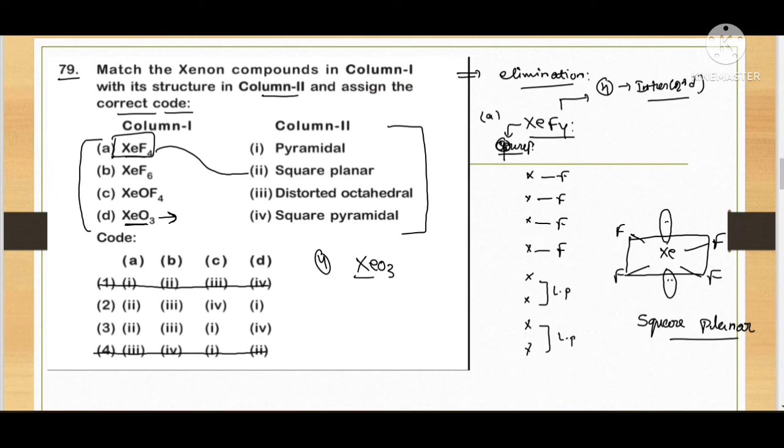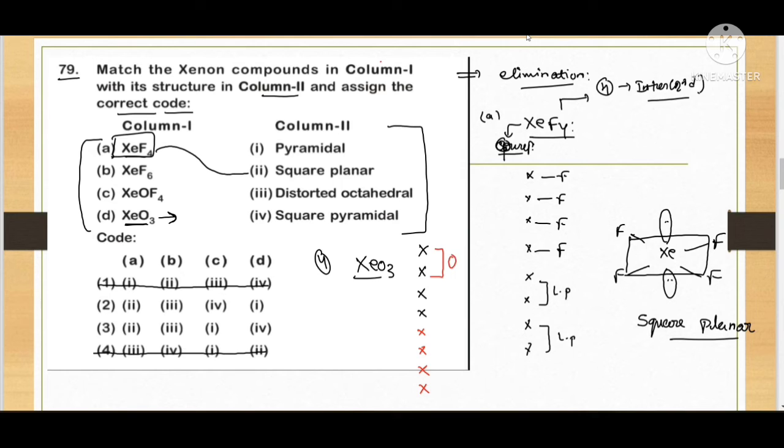XeO3. Here xenon belongs to group 18, it has 8 electrons: 1, 2, 3, 4, 5, 6, 7 and 8. Here xenon forms a double bond with oxygen. That means to form a double bond it requires 2 electrons.